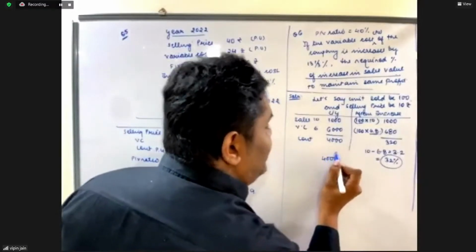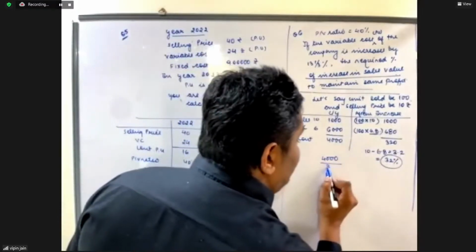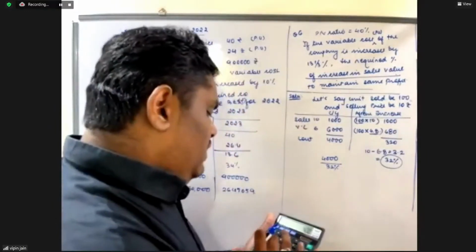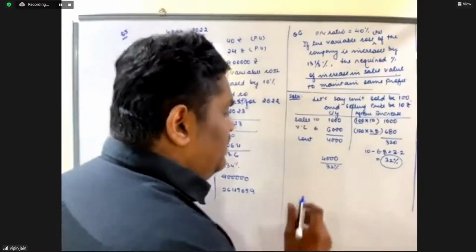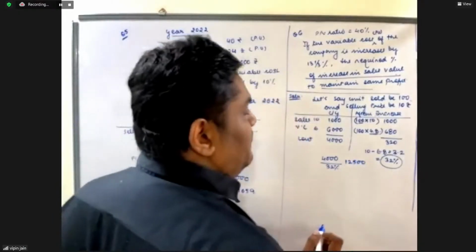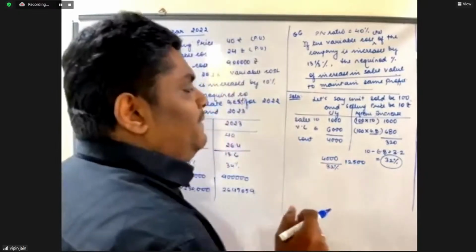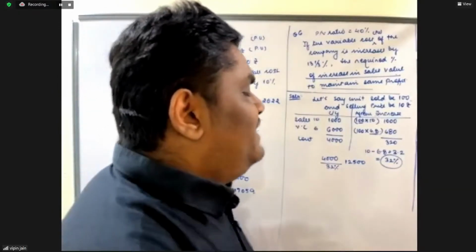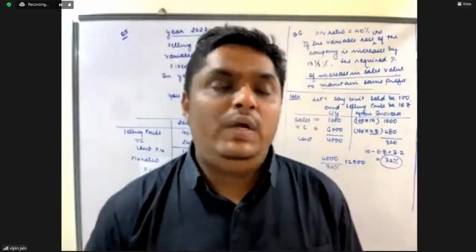So my desired profit is how much? 4,000 divided by my revised PV ratio, that is 32%. So 4,000 divided by 32%, my revised sales should be 12,500. That is, we cannot increase the selling price, but yes, we can increase the number of units from 100 to 125.